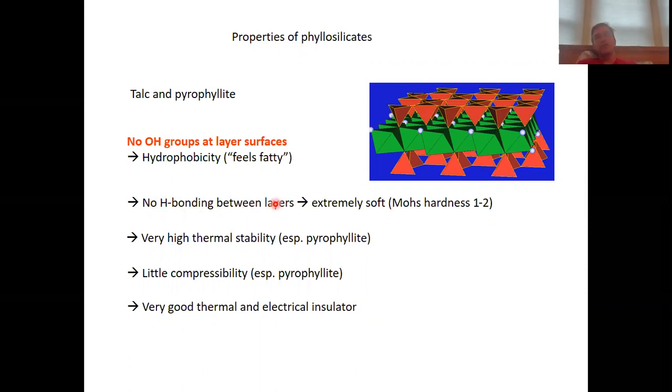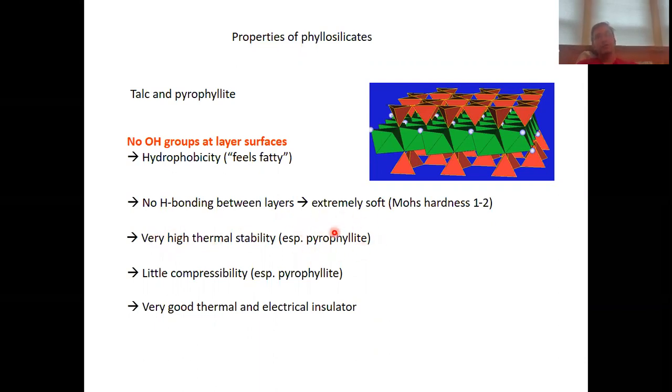Okay, so we have also no hydrogen bonding in between these layers. So now there are very weak interactions only between these layers, and therefore the whole material becomes extremely soft. Okay, so talcum powder feels extremely soft just because of these very weak interactions in between these layers. So we also now have a much higher thermal stability, especially for pyrophyllite.